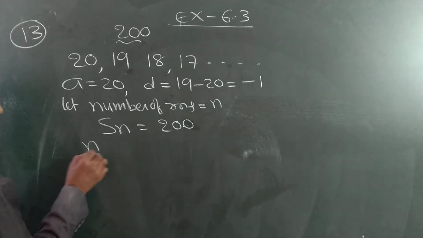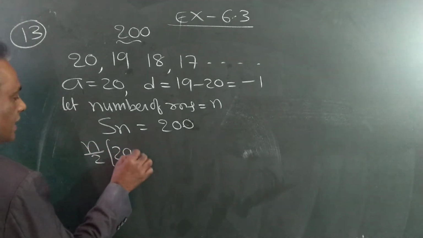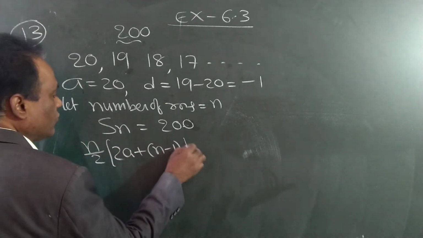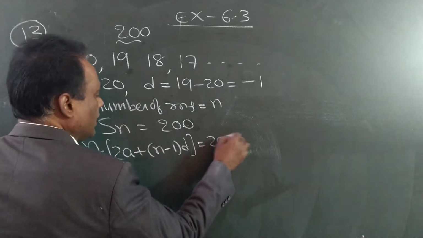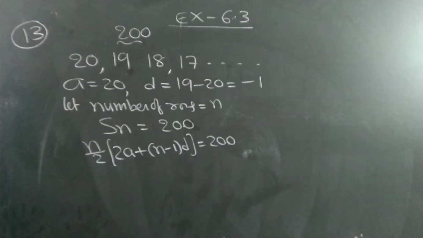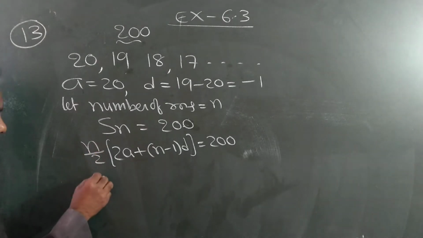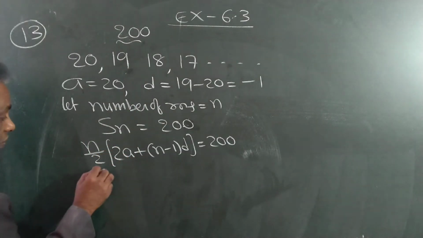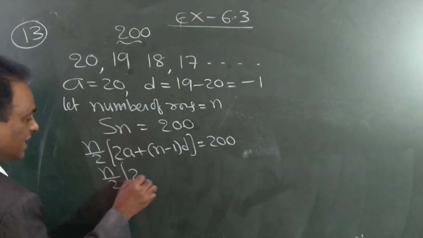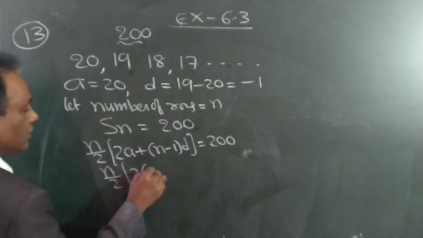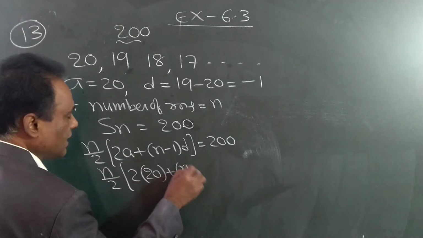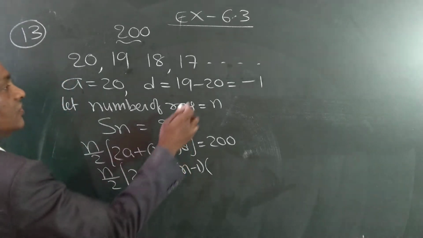What is the sum formula in AP? n by 2 into (2a plus (n minus 1) into d) is equal to 200. We don't know n, how many rows it requires. a is 20, d is minus 1.